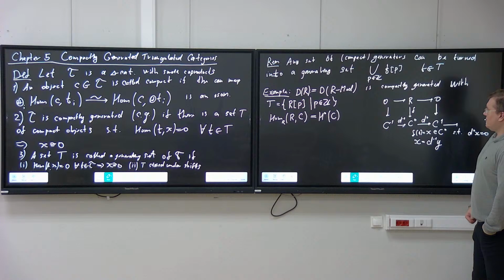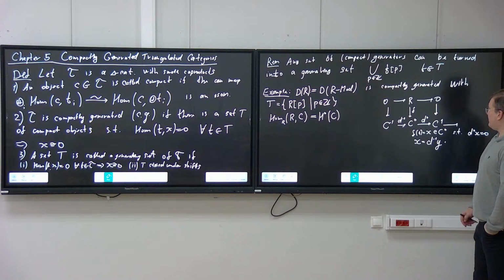Yeah, because in this case this is quasi-isomorphic to, what would be the right thing to say? If I choose X to be of this form, then we can write homotopic.